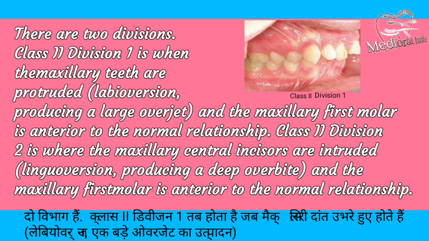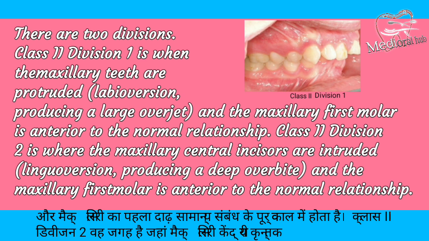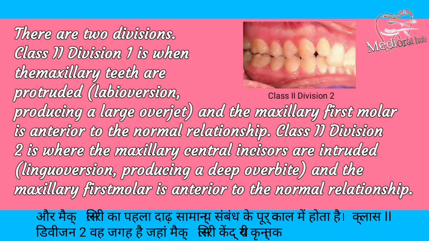There are two divisions. Class 2 division 1 is when the maxillary teeth are protruded in labioversion, producing a large overjet, and the maxillary first molar is anterior to the normal relationship.